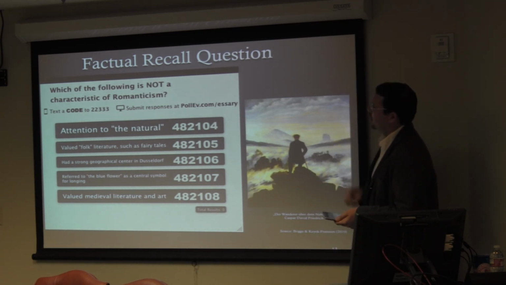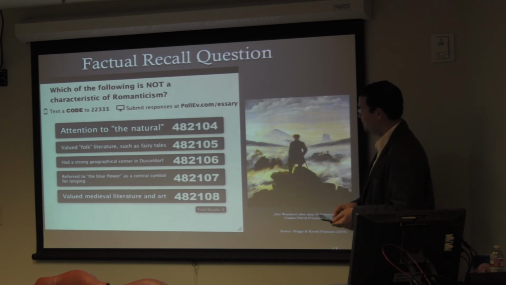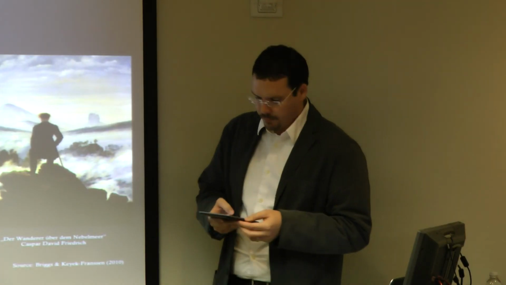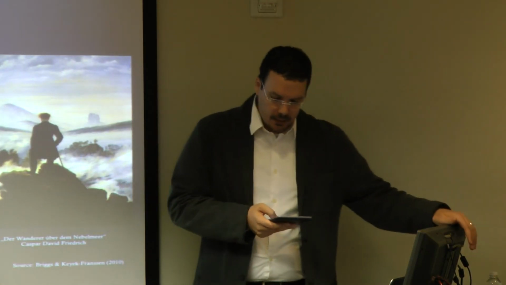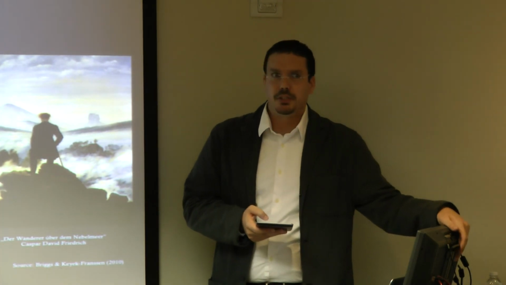Is it attention to the natural, the valuing of folk literature, a strong geographical center in Dusseldorf, referring to the blue flower as a central symbol for longing, or valuing medieval literature and art?